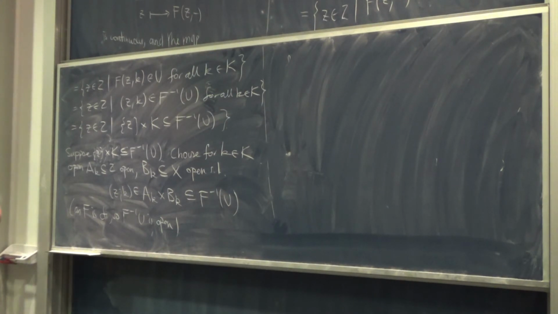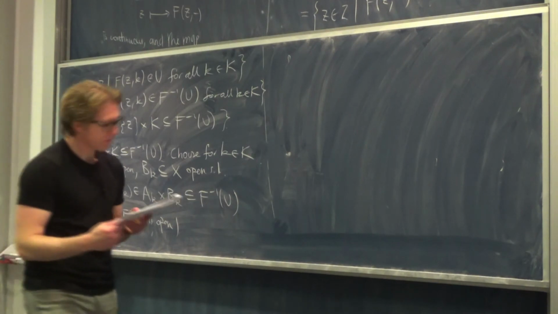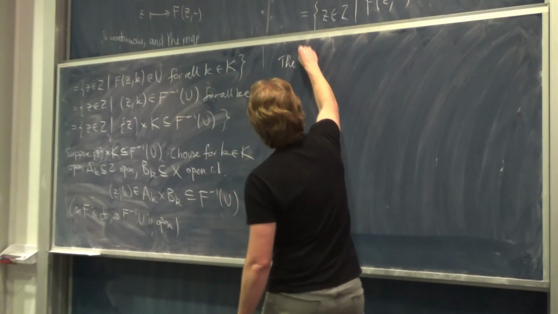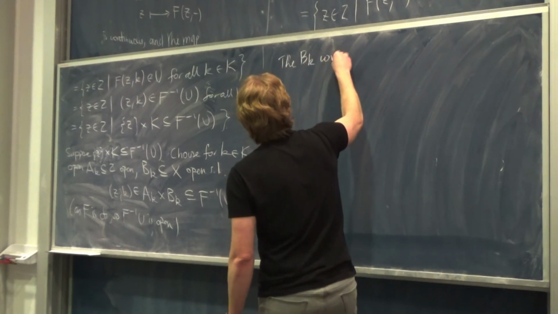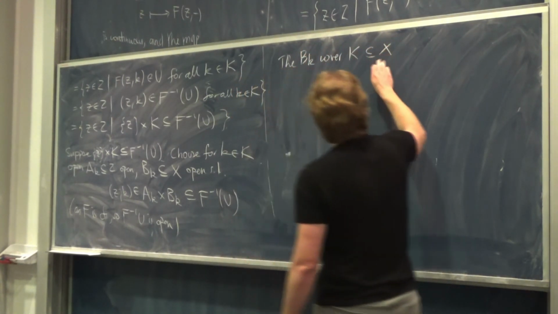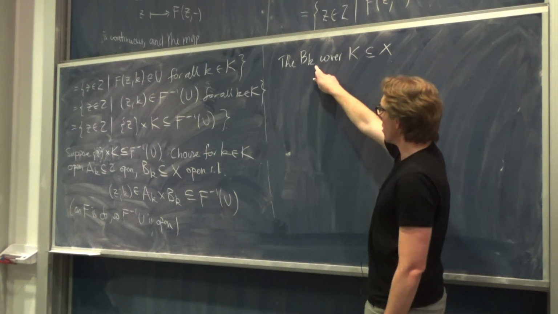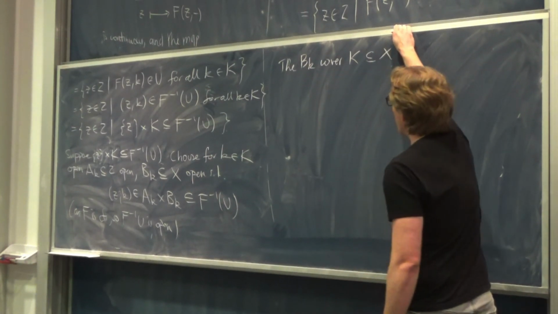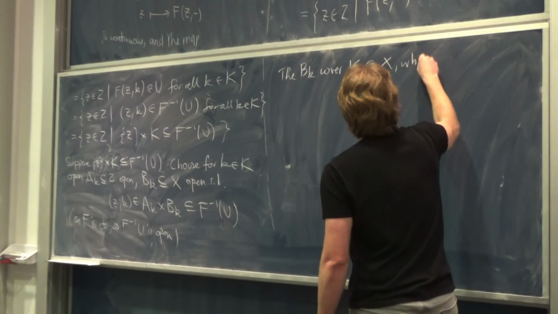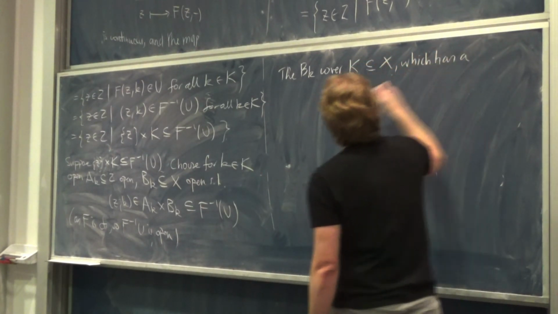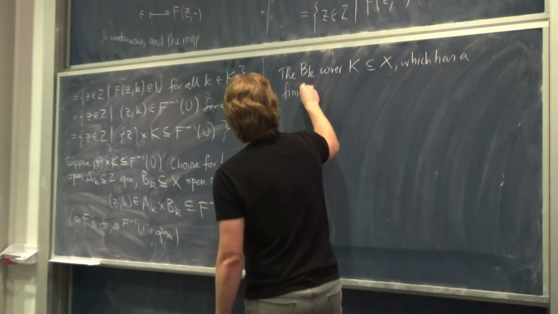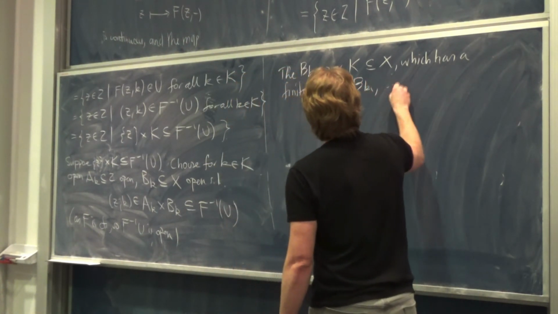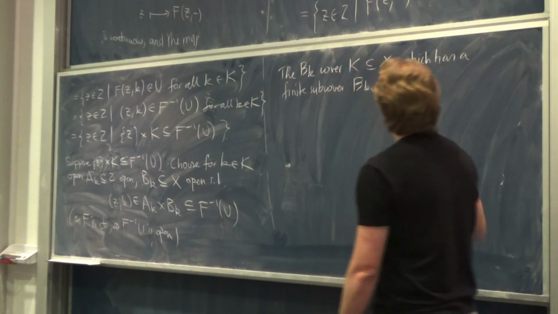All right. Well, K is a compact subset of X, and the B_k's give an open neighborhood of every k. So if I take all of them together, they give an open cover of K. And that must have a finite subcover, let's say B_{k_1} up to B_{k_n}.